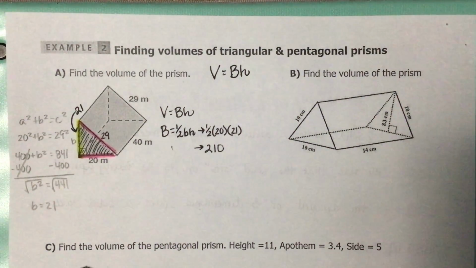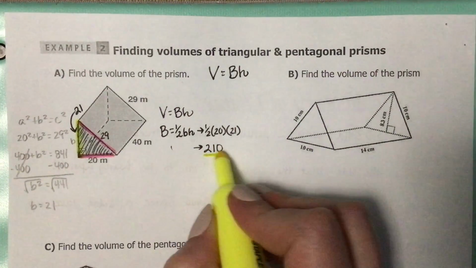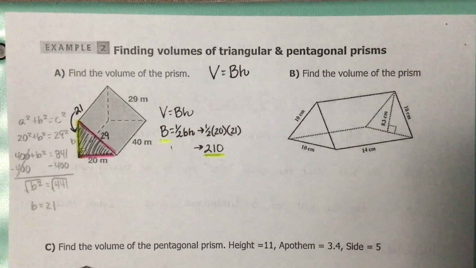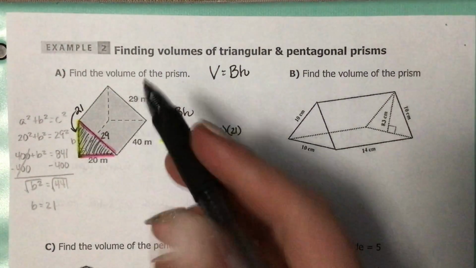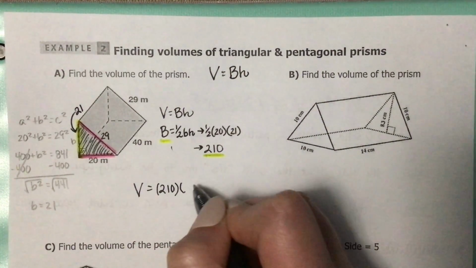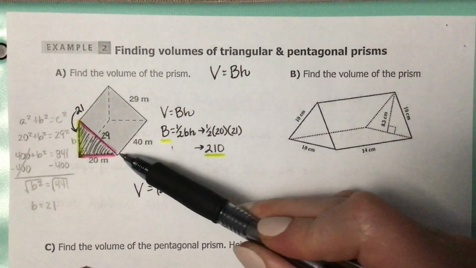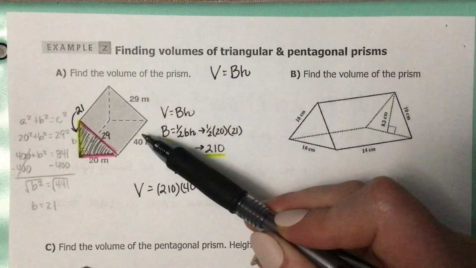Okay. Now at that point, we can take this, because this 210 is the value of big B in our formula. So we need to take big B times the height of the prism to figure out the volume of the prism. So volume is going to equal 210 times the height of the prism, which is 40, because once again, this prism is kind of like a block that got knocked over, okay?